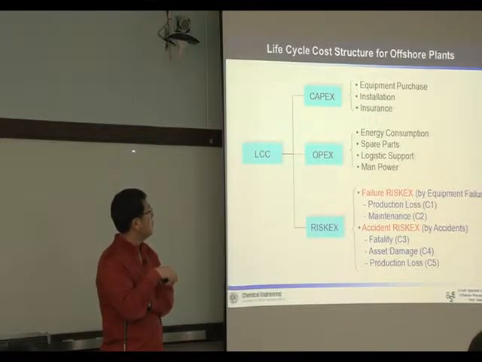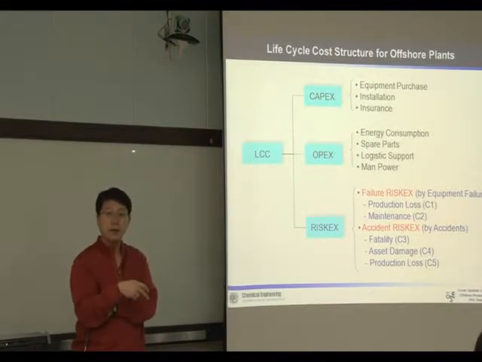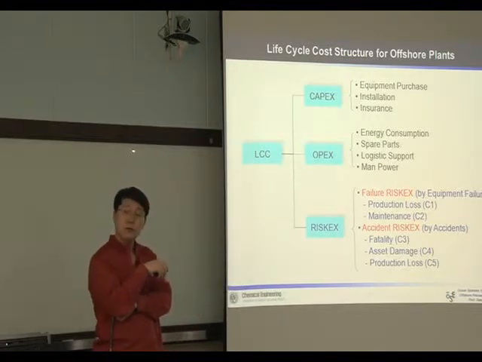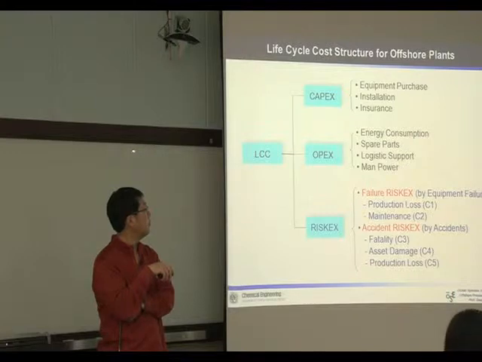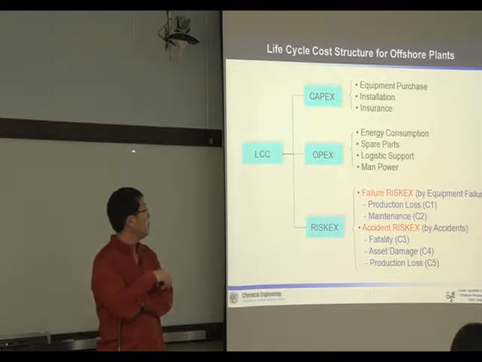One component is production loss. If equipment fails, the production rate can decrease. So we need to consider the maintenance and the production loss. Second is the maintenance cost to fix the failure. Next is the accident risk expenditure.